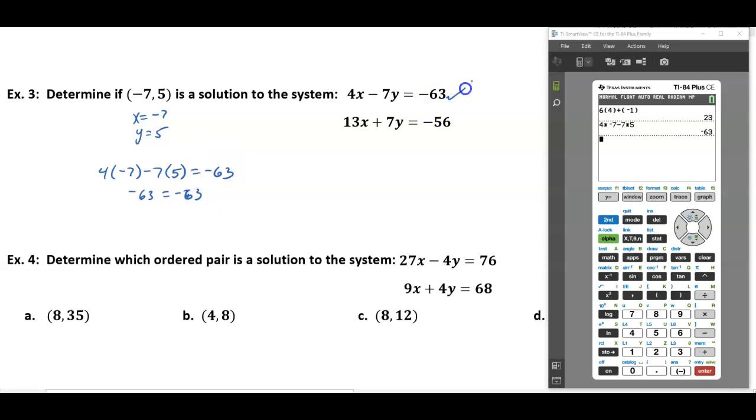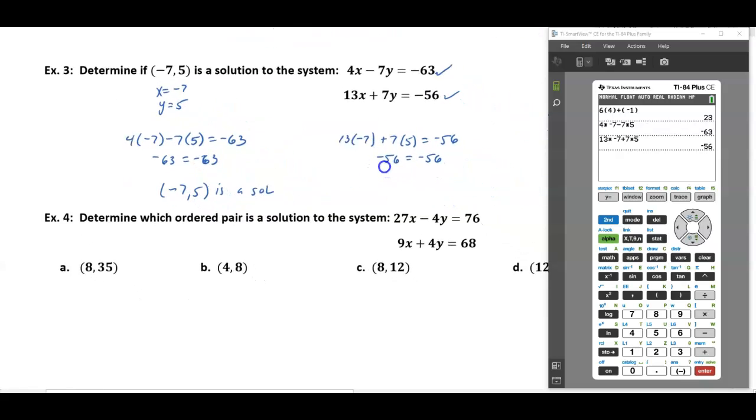So this one checks out. That's good. So now, is 13 times negative 7 plus 7 times 5, will that equal negative 56? 13 times negative 7 plus 7 times 5, hit enter, get negative 56. Does negative 56 equal negative 56? Yes. Therefore, negative 7, 5 is a solution.